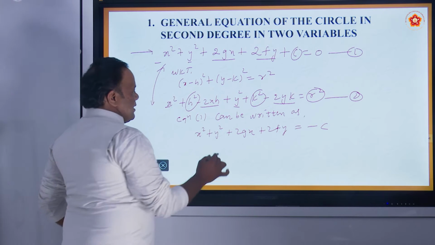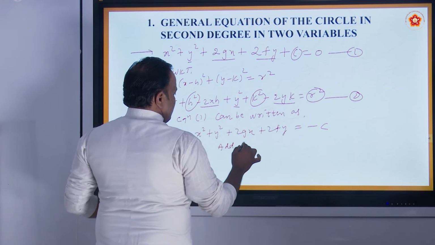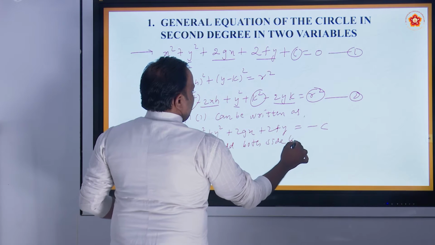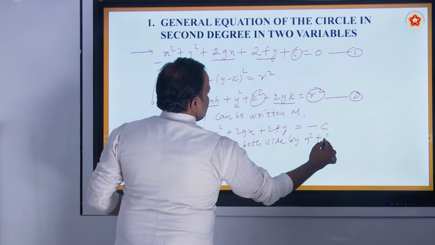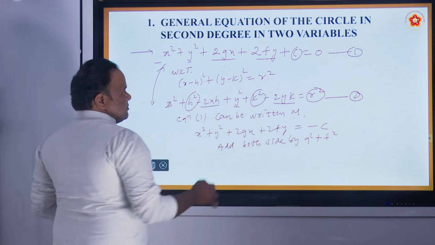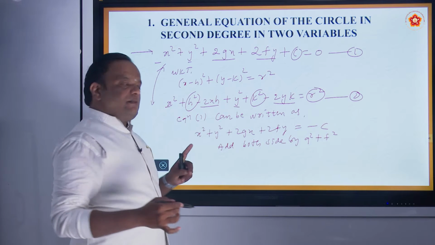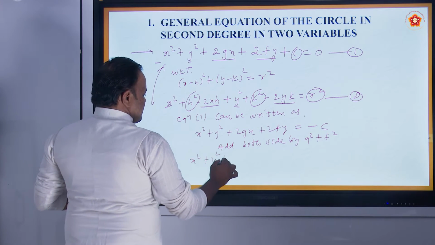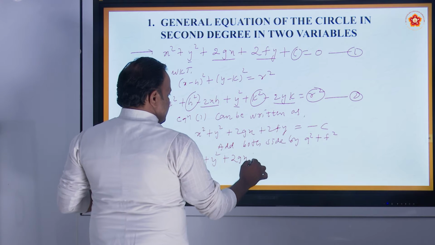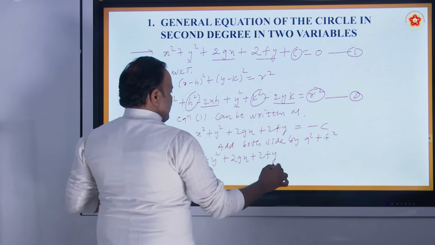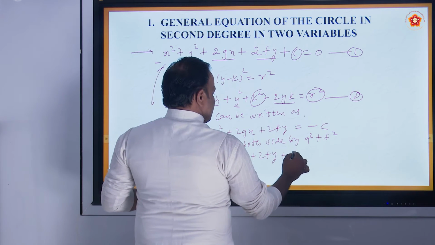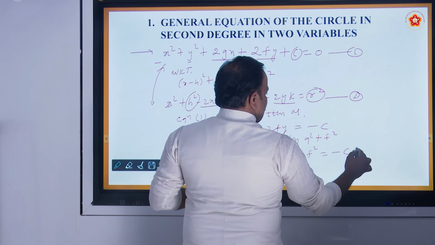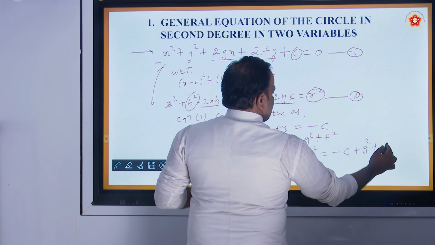So observe here, add g square plus f square to both sides. The equation becomes x square plus y square plus 2gx plus 2fy plus g square plus f square on the LHS, and similarly on the RHS, minus c plus g square plus f square.